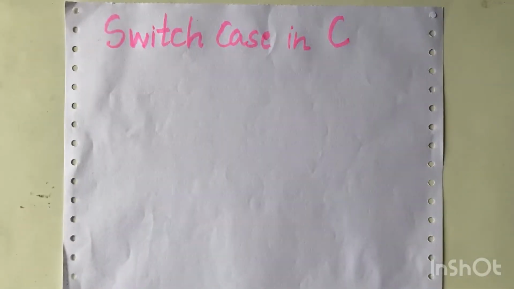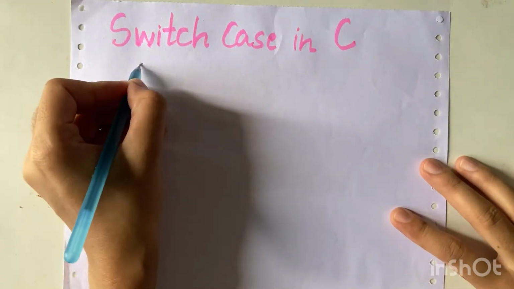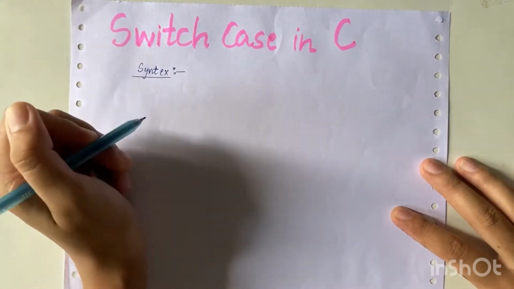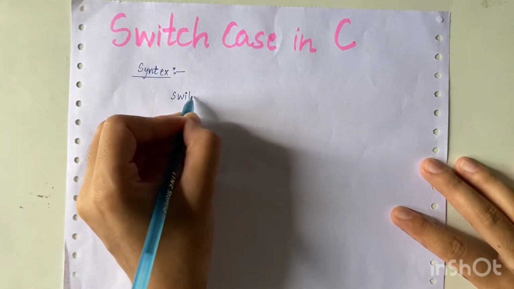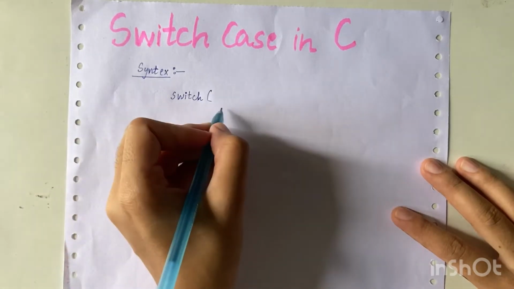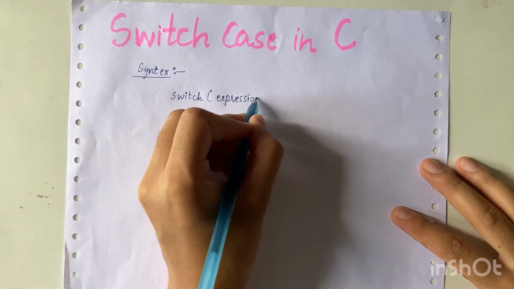So let us start by writing the syntax of switch case. So the syntax is as follows. We write switch, then we write the expression that the user will input.